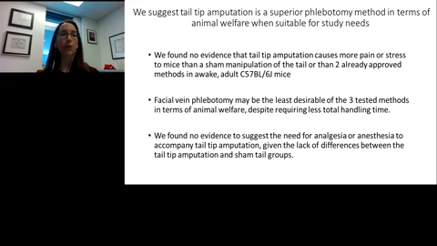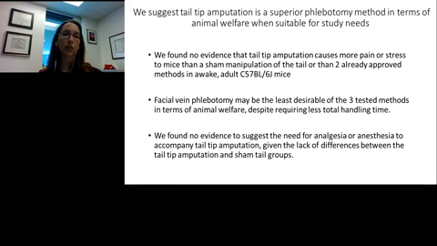When we had investigators here at Cornell that were interested in using the modified tail tip amputation technique, we had concerns as to whether or not they should provide analgesia. But there is actually a large difference in the degree of tissue that's transected. You can take usually up to 5 millimeters of tail for genotyping, but we were only taking that caudal 1 to 2 millimeters with the tail tip amputation.